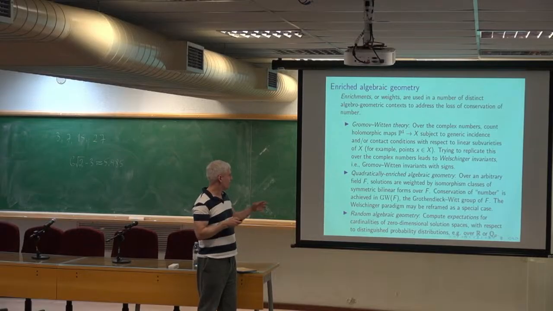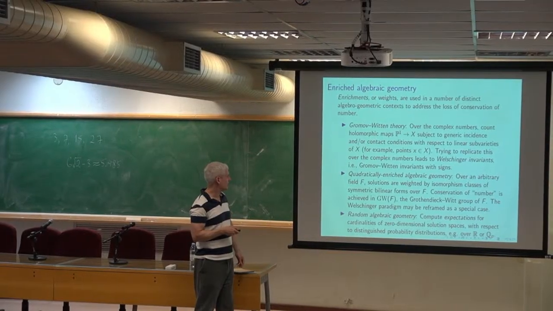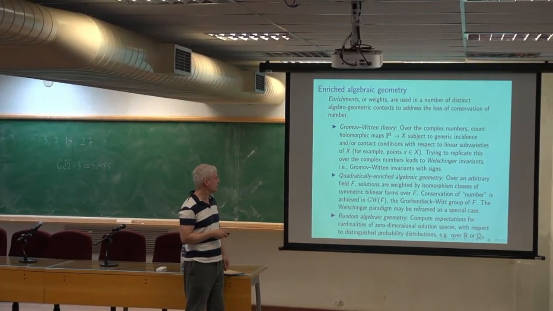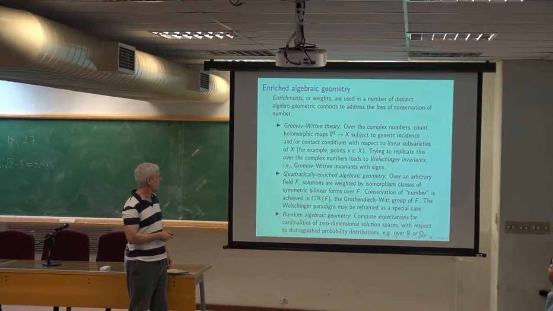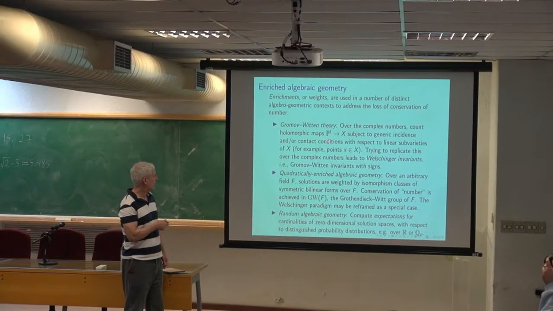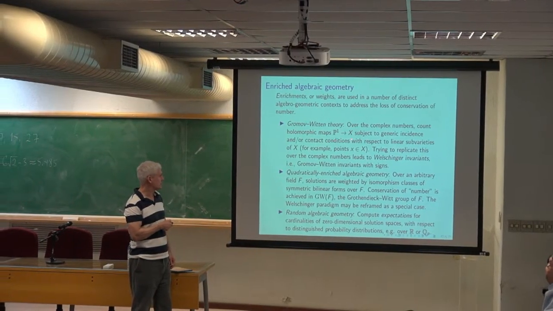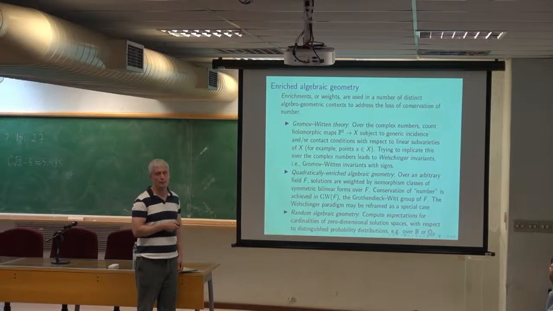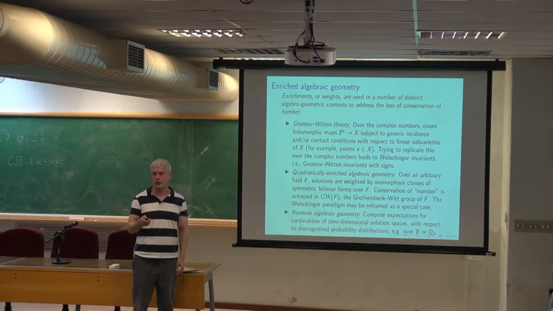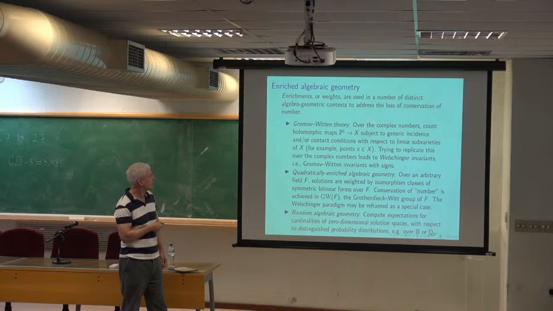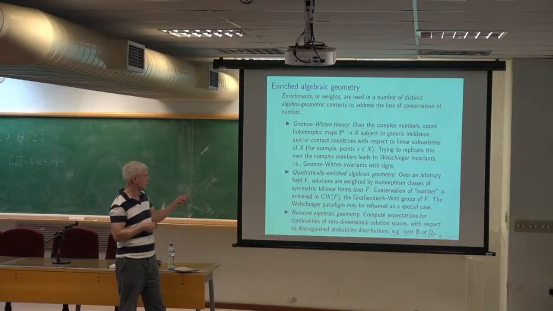There are a variety of different contexts, slightly different paradigms within algebraic geometry, where you can ask very similar sorts of questions. More than one person in this conference has talked about Gromov-Witten theory. For example, you can try to count holomorphic maps to a target variety subject to certain incidence or contact conditions with respect to subvarieties.